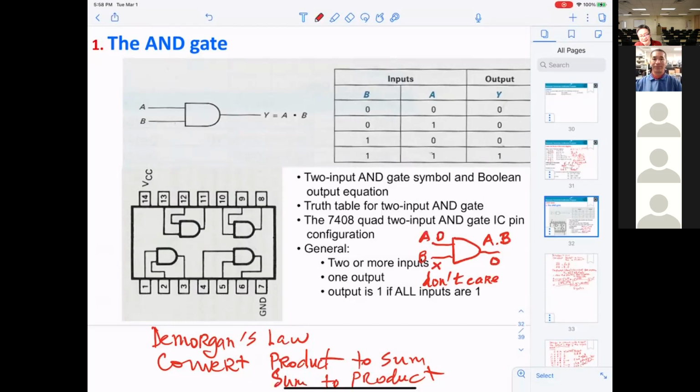Don't care means it can be 0 or it can be 1, it doesn't matter. But for an AND gate, the only time you can get a 1 is when both inputs are 1. Otherwise, the output is always going to be 0. If any one of the inputs of the AND gate equals 0, the output must be 0, no matter what.